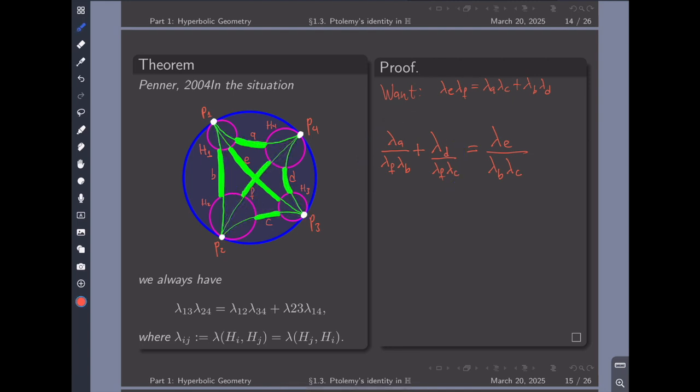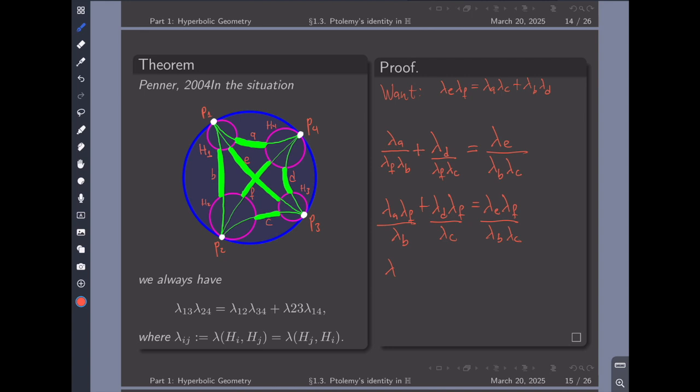Because now multiply by lambda F, let's say. So you have lambda A, lambda F plus lambda D, lambda F is equal to lambda E, lambda F divided by lambda B, lambda C, and then multiply by lambda B, lambda C. What did I do wrong?